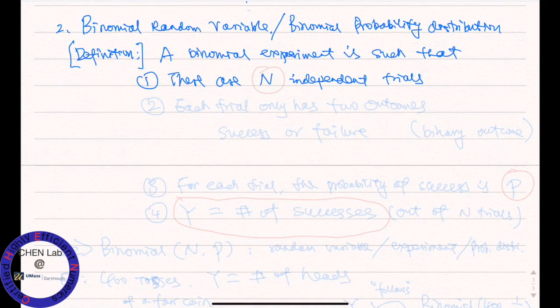There's one key number, which is n. All right, and the second is that each trial only has two outcomes: success or failure.